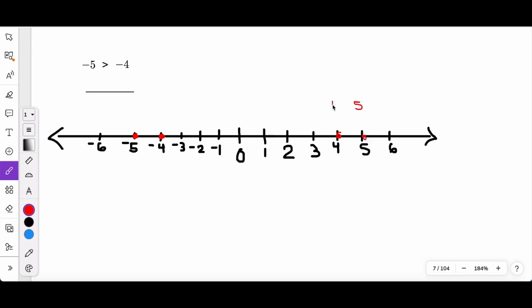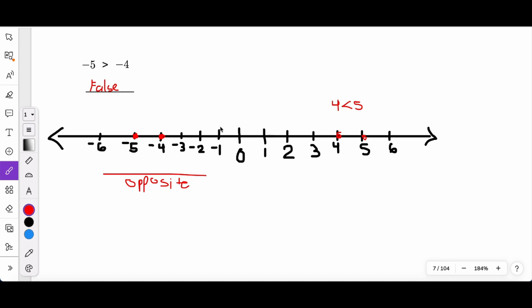So that is true there, but we're turning it around since it's negative. So that's why we are going to make this its opposite. That's why we're going to say it is false, because it's negative. So this one is incorrect, and negative 4 is greater than negative 5, looking at our number line here.